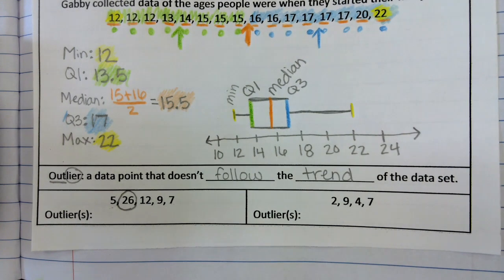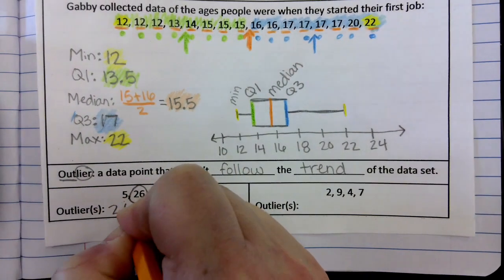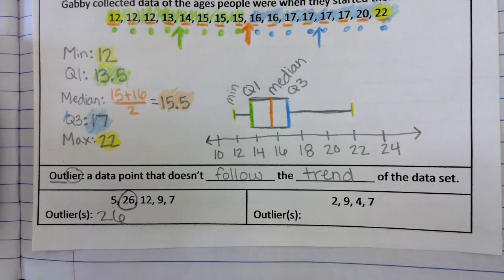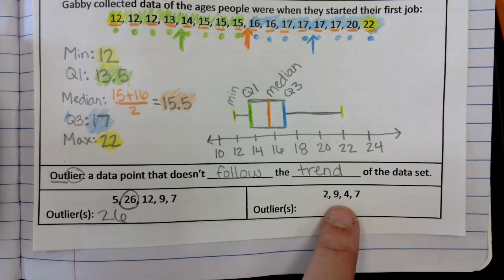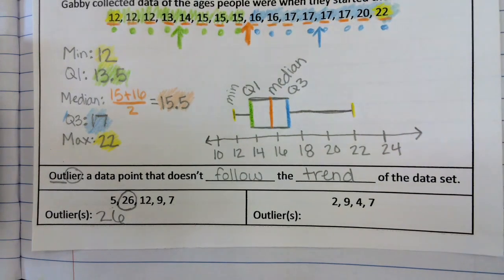Is 9 way bigger than the others? How far is 9 from 7? It's only 2 away from 7. They're not that far away from each other. So is there anything that is so far out of reach that's crazy? No. So in this case, are there any data points that don't follow or that don't match up? Nope. So this one, there are none. These all are within each other. They're close together.